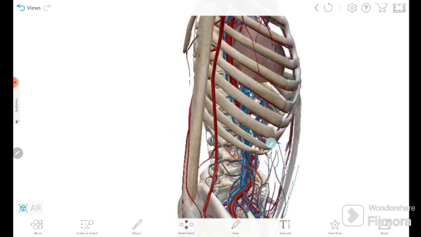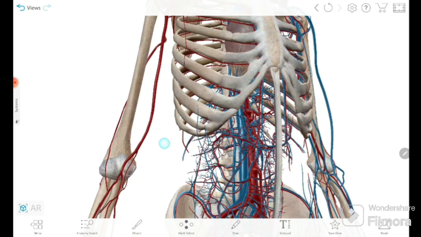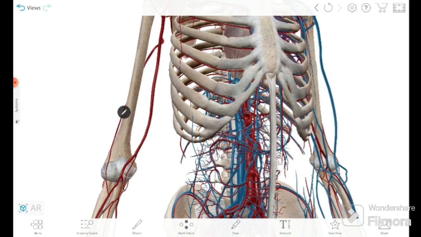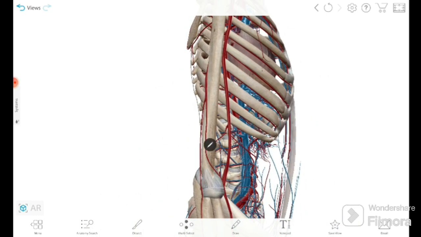And then we saw that the profunda brachii artery was giving one radial collateral artery and one middle collateral artery. The radial collateral artery is present over the radius. So this over here is the radius, the artery traveling over it is the radial collateral artery, and this over here is the middle collateral artery.